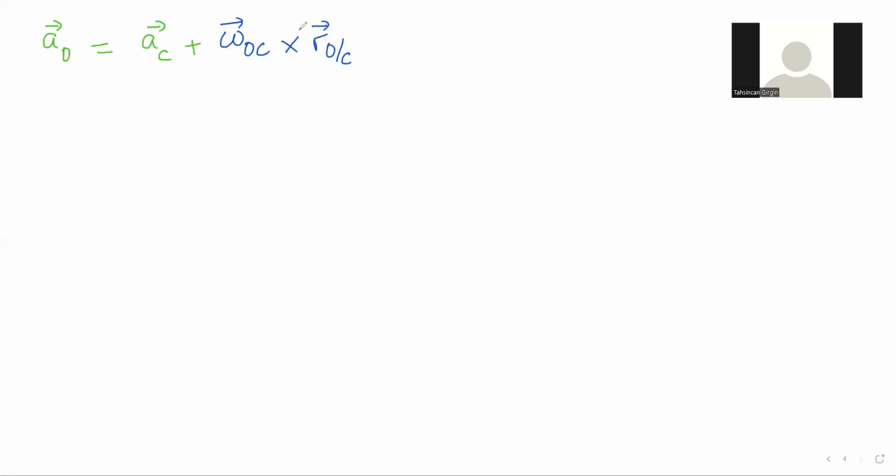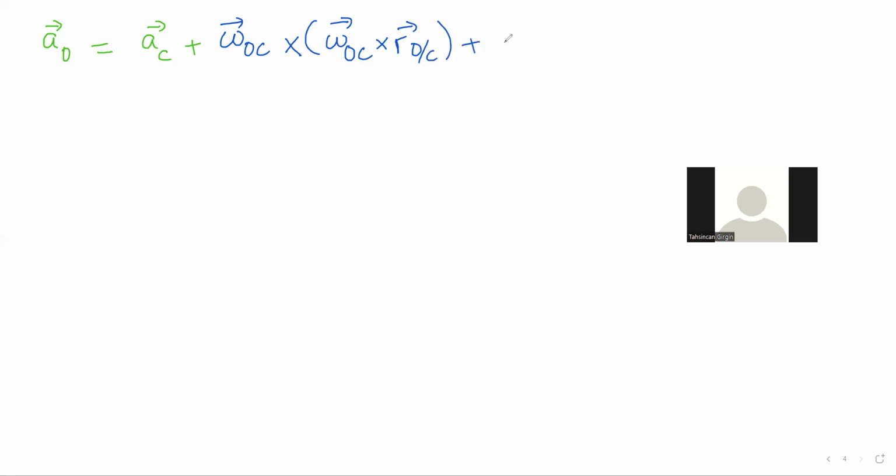Sorry, again, a mistake that I am making too many times now. There is actually a bracket. Omega square R, right? From our maths classes, physics classes, plus alpha or omega dot cross O with respect to C plus the Coriolis acceleration.